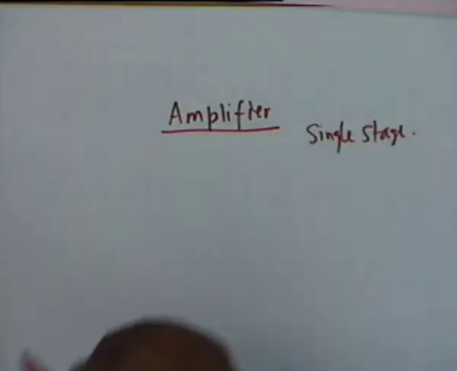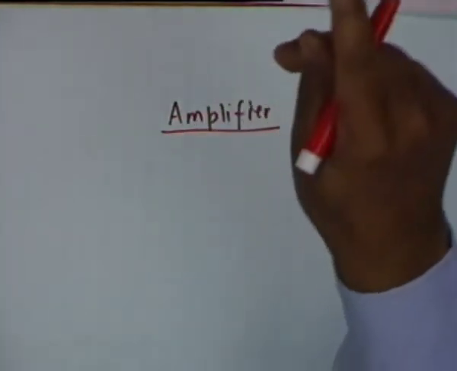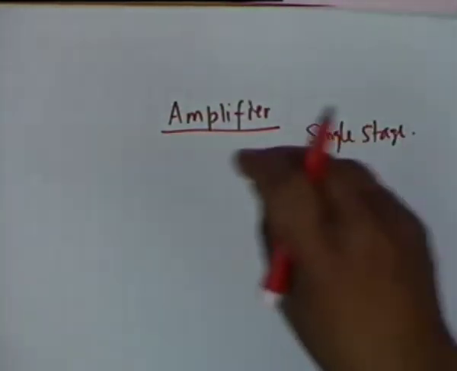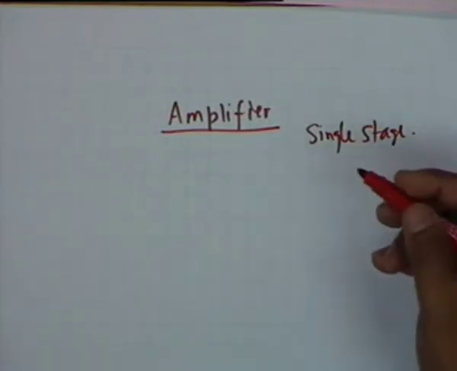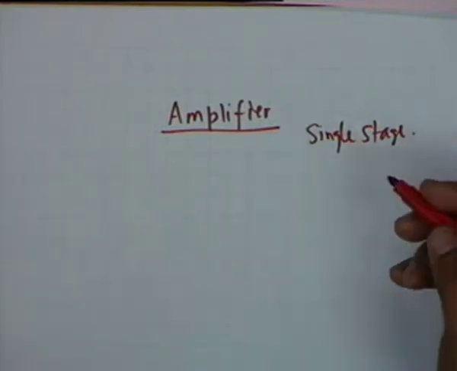That is, if you use one transistor and around it you introduce resistors and power supply to get some amplification, one stage, that is one device, then it's called a single stage amplifier. Now a single stage amplifier obviously shall have limitation on the gain. How much amplification? So if you want more amplification or more gain, you might use two such stages.